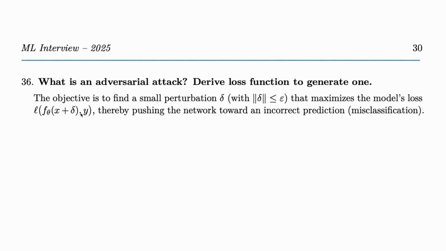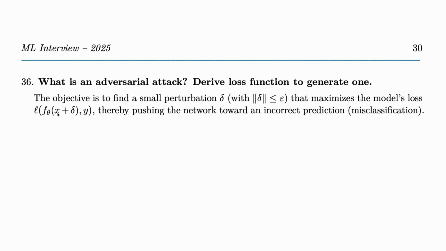Let's say you have a neural network that classifies faces, a facial recognition system. You want to attack this neural network. Y is the label. So you want the neural network to misclassify a person, for example, to get access to a system without having the proper face.